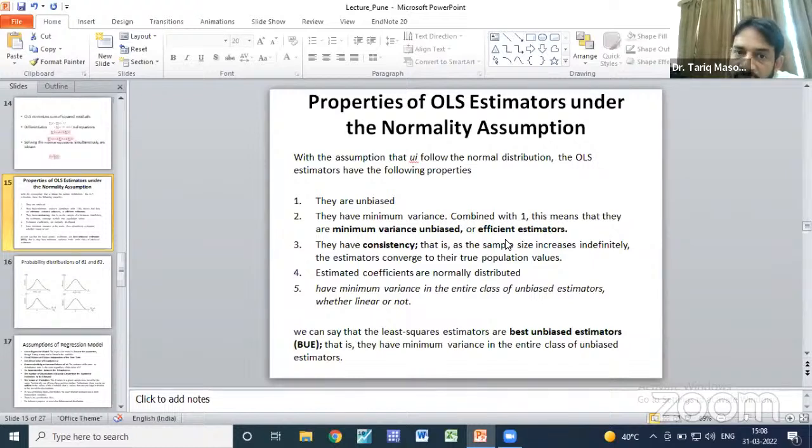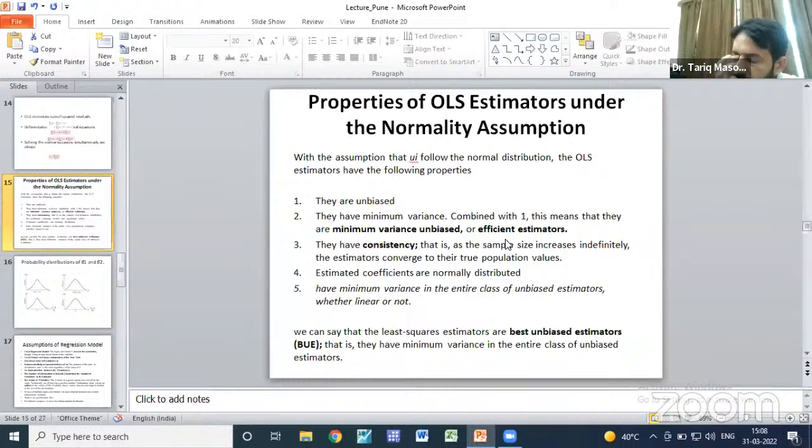The property of unbiasedness is that suppose we conduct this experiment a large number of times, and we get a number of beta 2 values: beta 2 from the first sample, beta 2 from the second sample, beta 2 from the third sample, beta 2 from the nth sample.